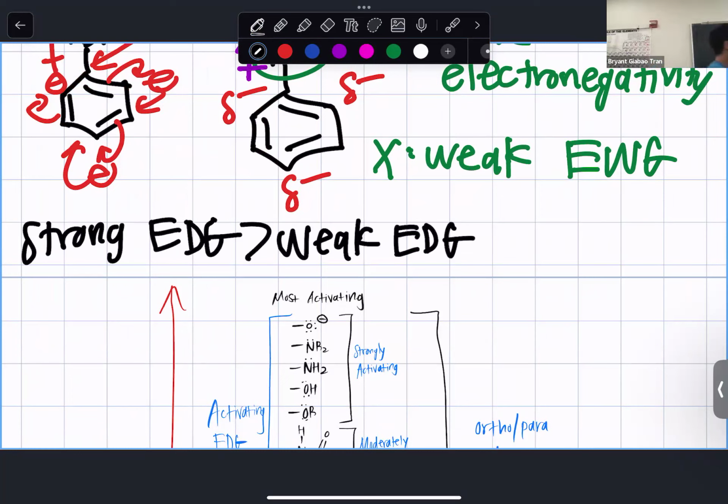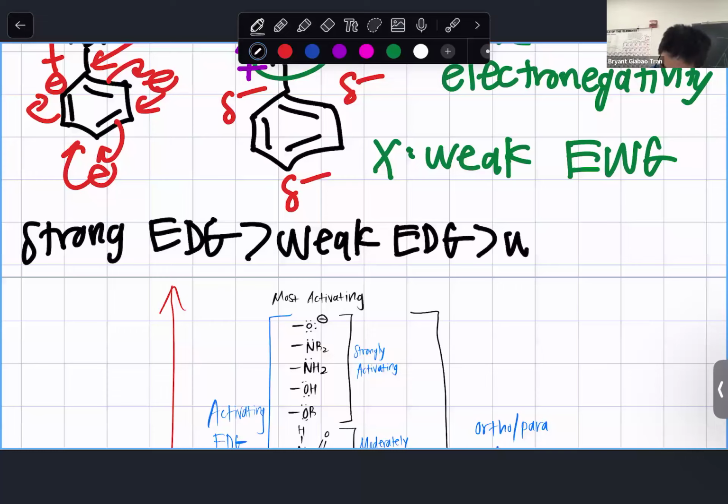But which is a better activator, a strong EWG or a weak EWG? We want a weak EWG, because what does an EWG do? Does it activate or deactivate the ring? An EWG on the ring deactivates it, so we don't want to deactivate the ring as much. A weak EWG is a stronger activator than a strong EWG.